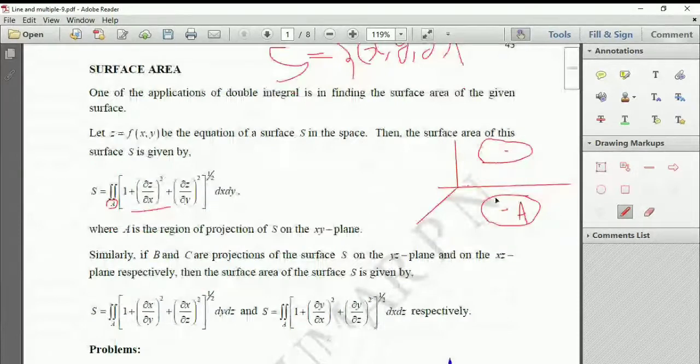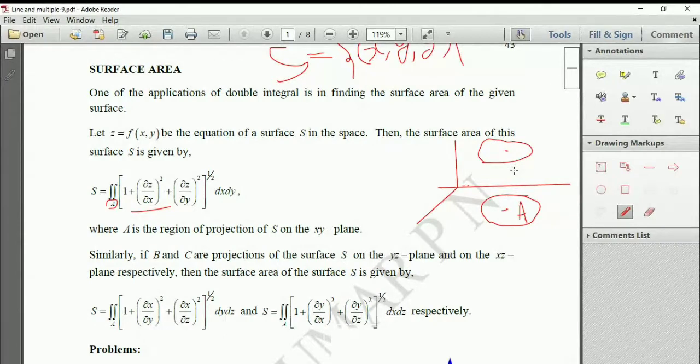Suppose instead of pulling this curve over the xy plane, let us pull it over the yz plane, with simply y and z. If you pull this over the yz plane, you are making your x coordinate 0, and then again it will be two-dimensional.